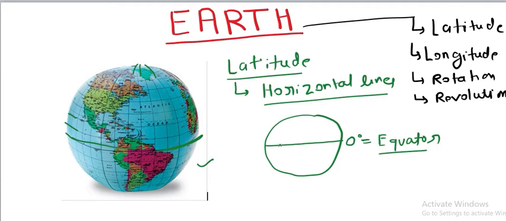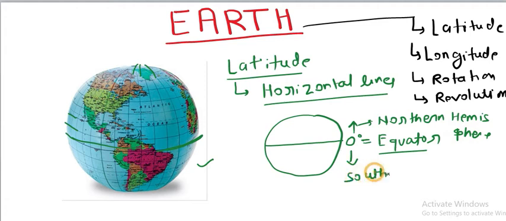This equator divides the earth into equal parts, an upper part and a lower part. The upper part is called the northern hemisphere, and the lower part is called the southern hemisphere. So the equator divides the earth into equal halves, the northern hemisphere and the southern hemisphere.